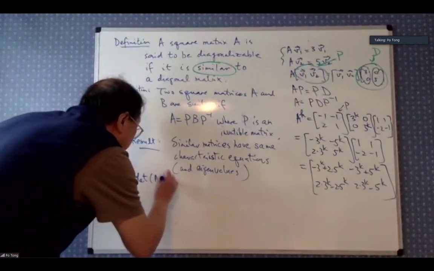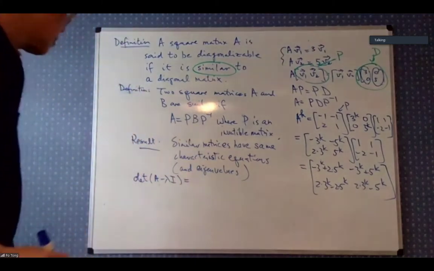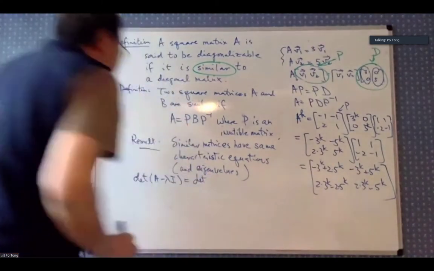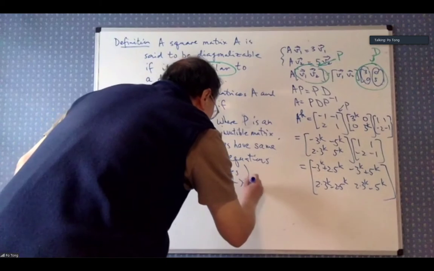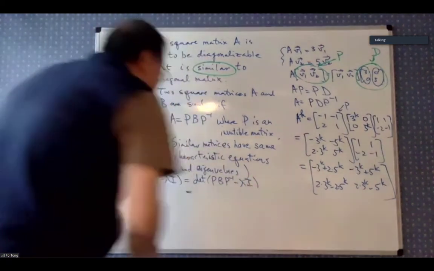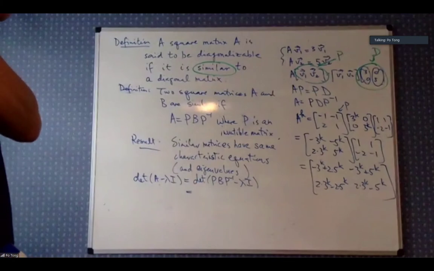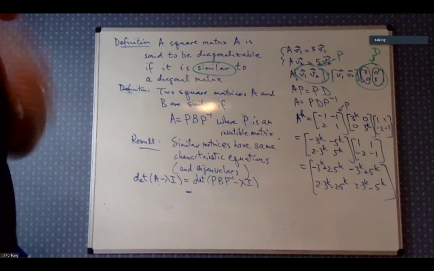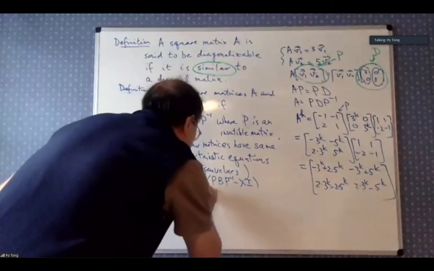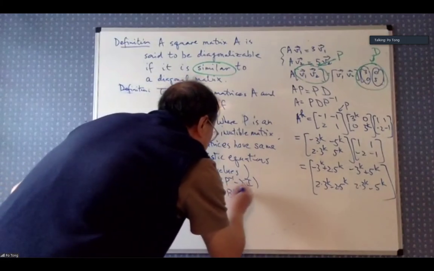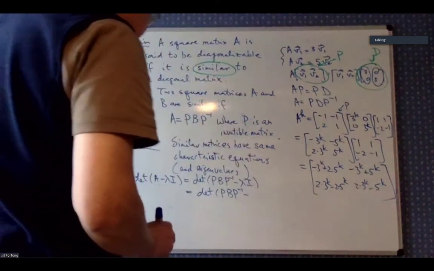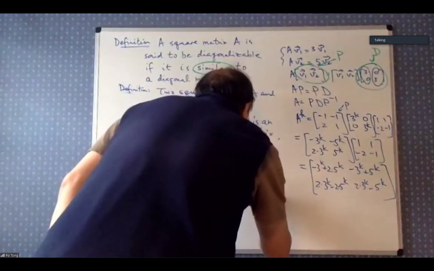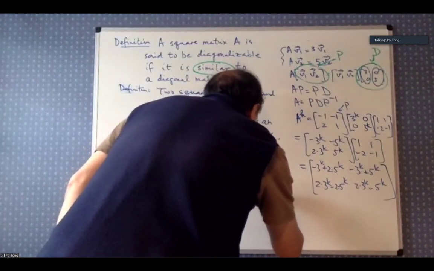Determinant of A minus lambda I is the same as determinant of P B P inverse minus lambda I, which can be written as determinant of P B P inverse minus P lambda I P inverse.